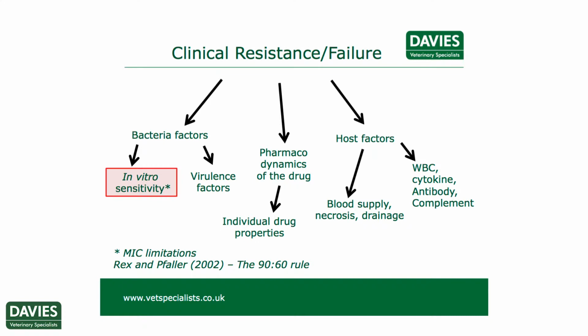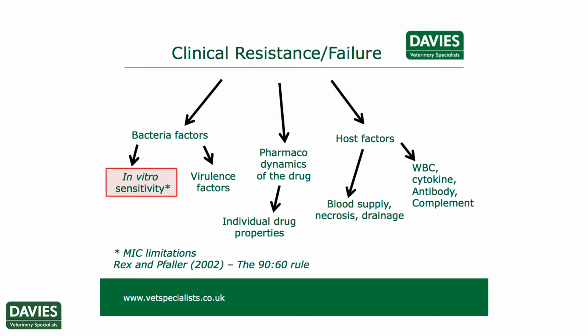When we consider a clinically resistant infection, there's a number of different factors that we need to consider. First of all, there are individual bacterial factors, then there's the pharmacodynamics of the drug, and finally there are the host factors.